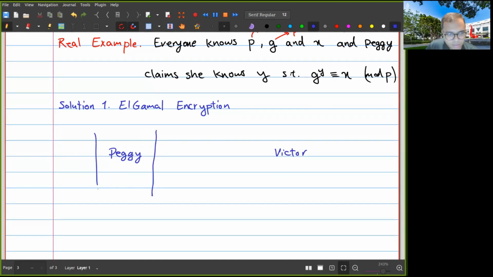And there are some things that are public. So everyone knows P, G, and X. Okay. And then Peggy knows Y. She knows a Y such that G to the power of Y is X. Okay, so that's Peggy's secret. And she wants to prove this to Victor.